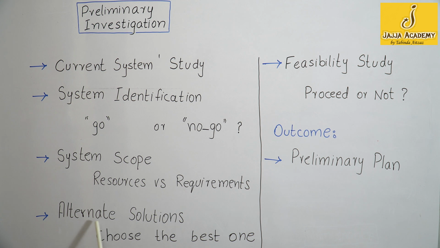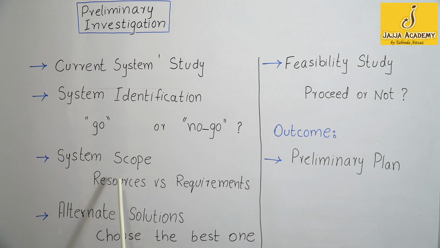What is meant by alternate solutions? Whenever we have to perform any task, there are multiple ways to accomplish that task. So, among those multiple ways, the team has to choose the best solution. And the best solution would be the solution that fulfills the requirements of users within the available resources.